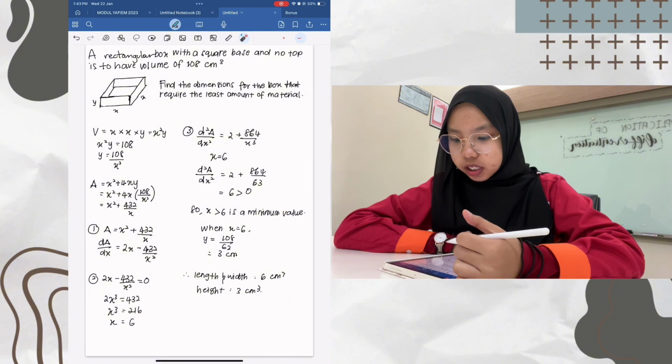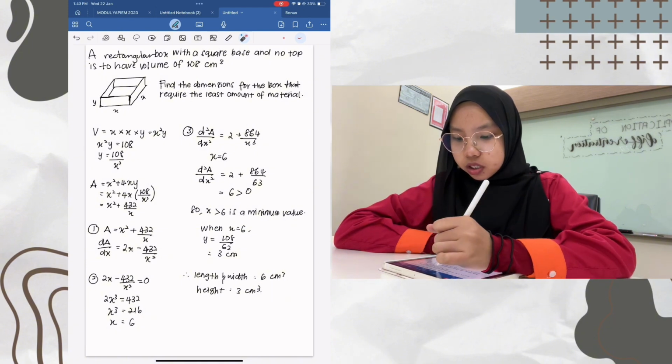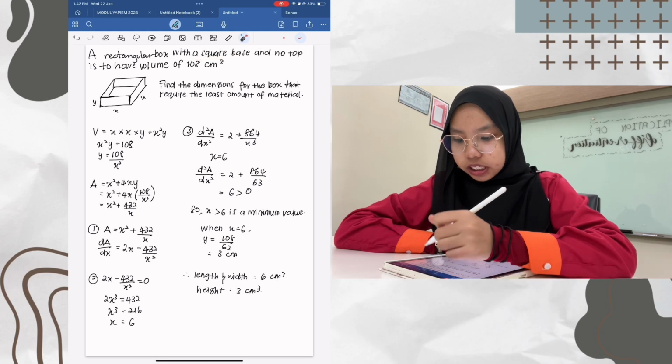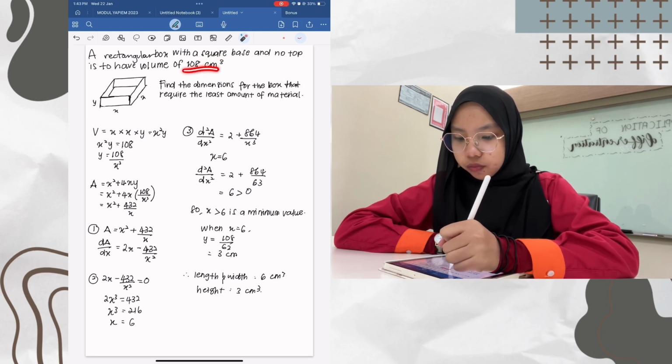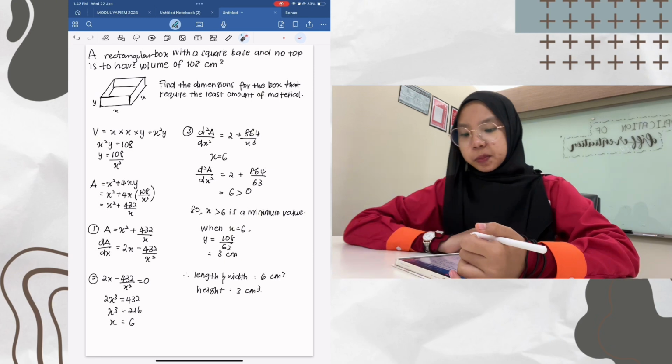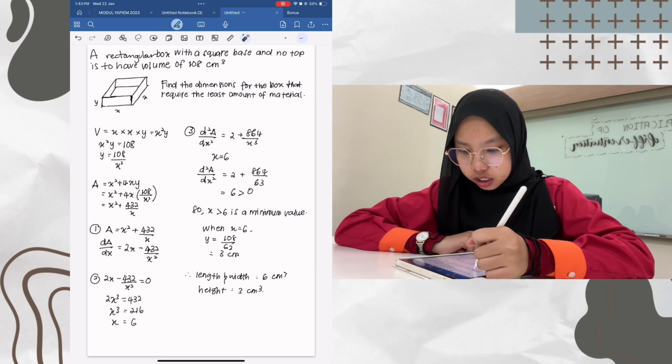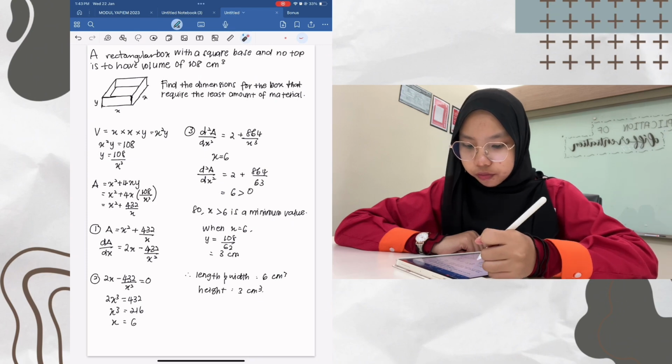Now let's take a look at the first example. The first example is about a rectangular box with a square base and no top, which has a volume of 108 centimeter cube. The question is, find the dimensions for the box that require the least amount of material.